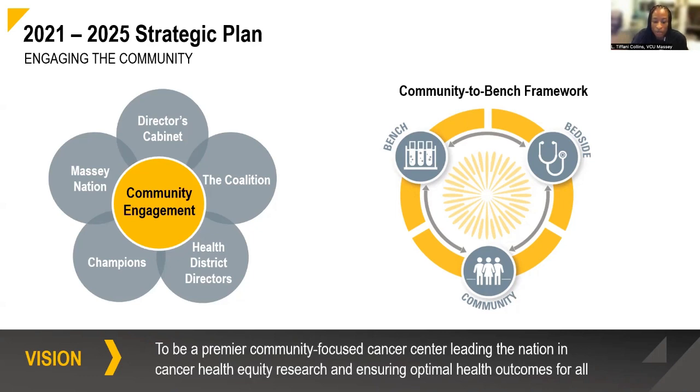We use our community to bench model framework for that bi-directional communication from our cabinet, our Massey Nation individuals, champions, and the coalition within our community, which creates our vision. And our community engagement team follows this strategic plan as outlined in the CCSG.